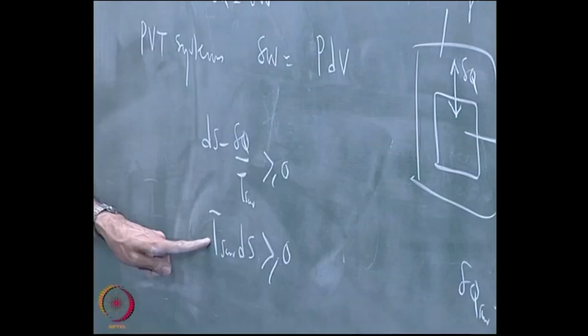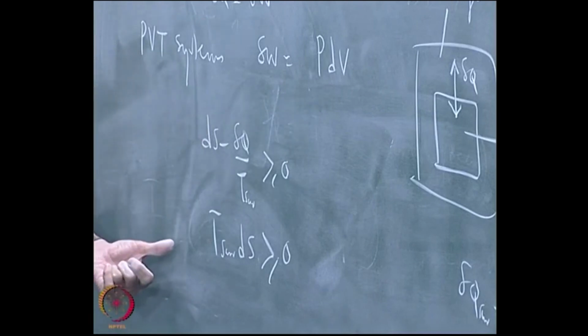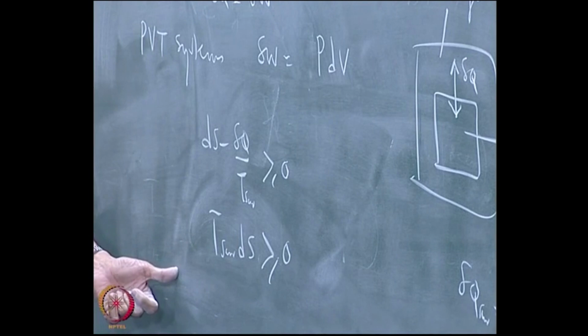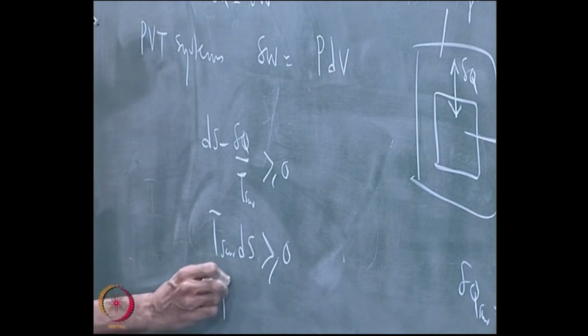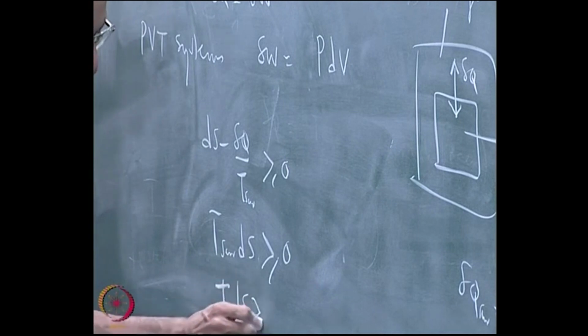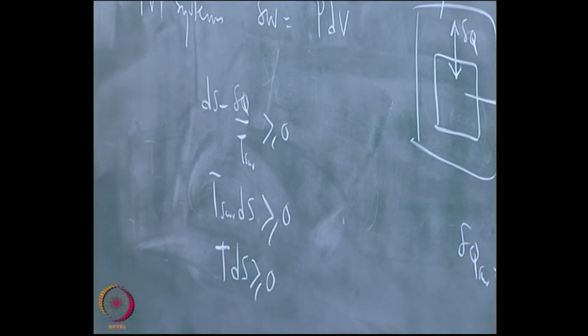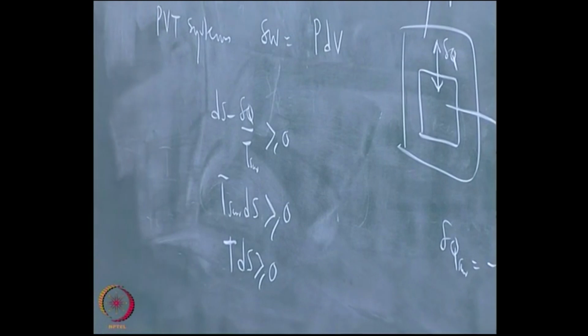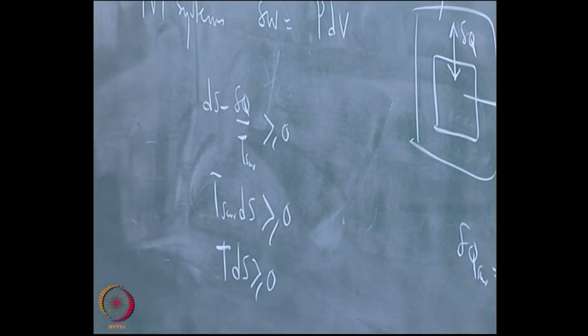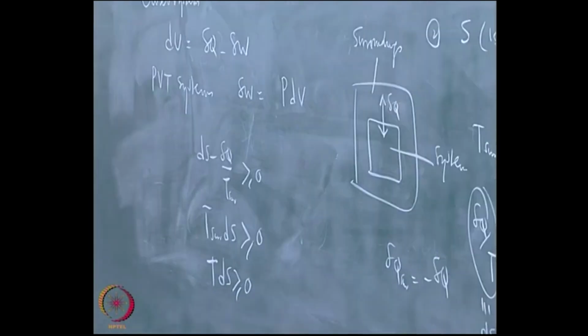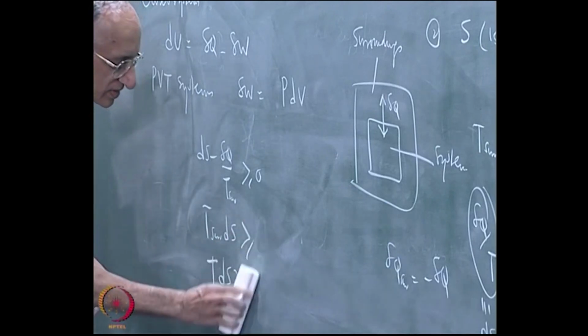The smallest value of T surroundings for heat absorbed by a system would be equal to T itself, right. The most general case is T dS is greater than or equal to 0. If T dS is greater than or equal to 0, then T surroundings dS is automatically greater than or equal to 0. I am sorry, T dS is greater than delta Q, not 0.